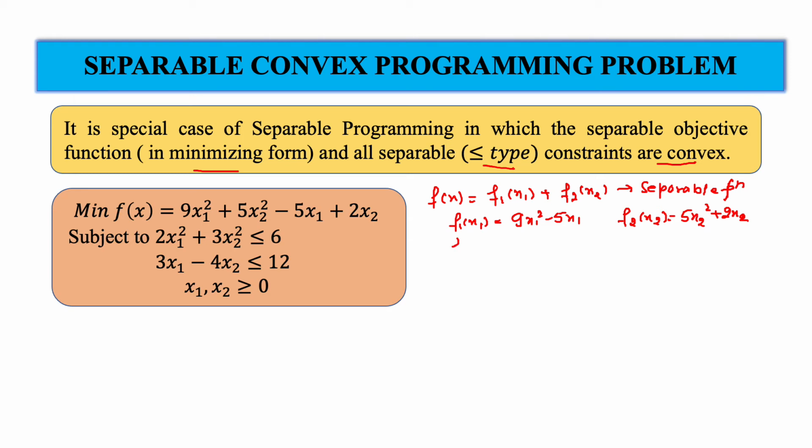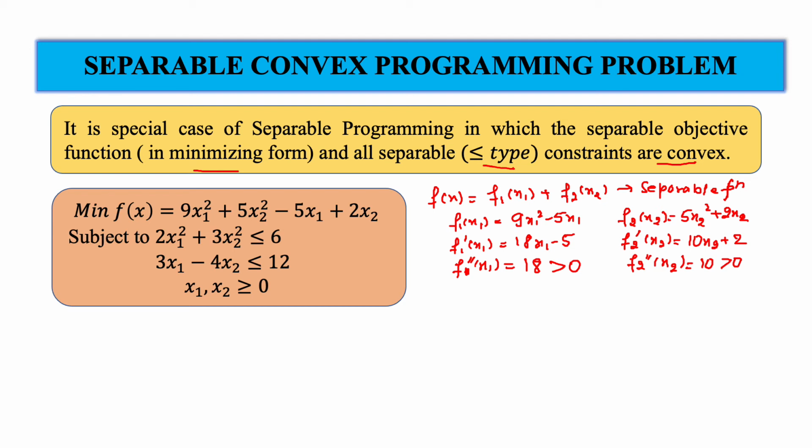For that we will find the first derivative. The first derivative is 18x1 minus 5 and the second derivative of this function is 18, which is greater than 0. Similarly, for this the first derivative is 10x2 plus 2 and the second derivative is 10, that is also greater than 0.